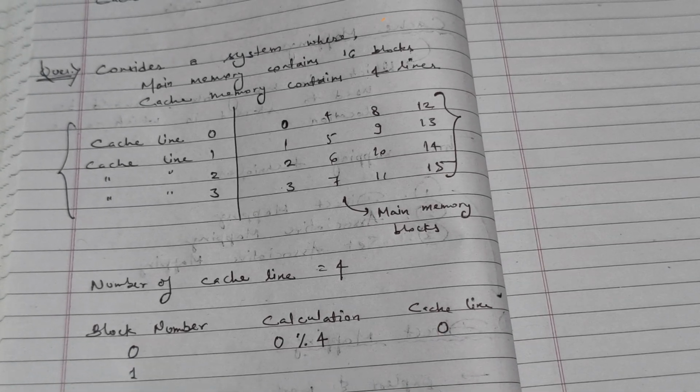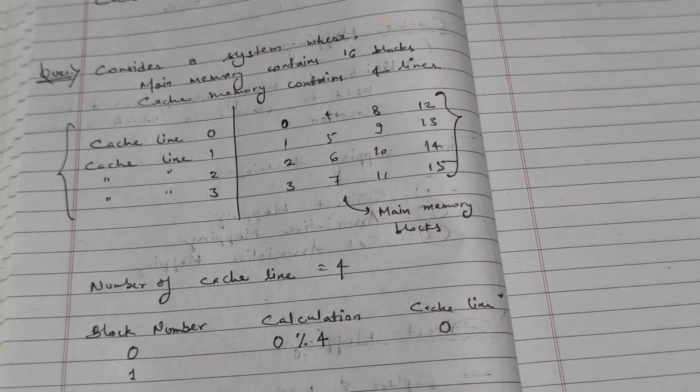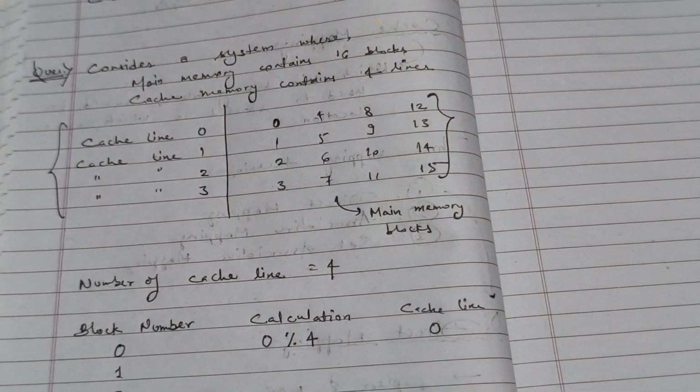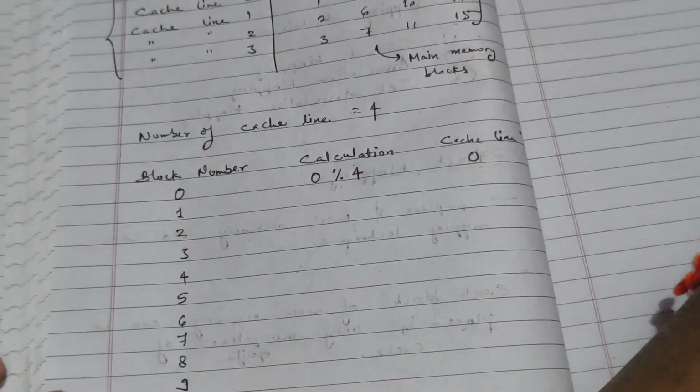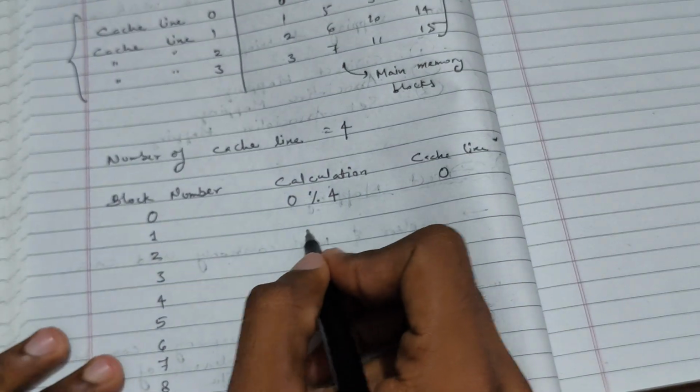Now we have 1, 2, 3, 4, 5, 6, 7, 8, 9. We would be performing the same operation for each of the memory blocks.